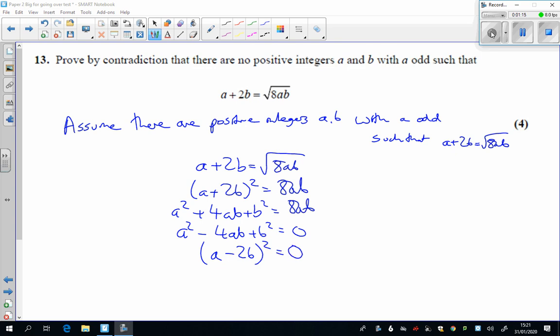Now if that squared equals 0, therefore a minus 2b equals 0, a equals 2b. Therefore a is even. Now, if a is even, that's a contradiction, and so what we said must have been false, and therefore the original statement was true.